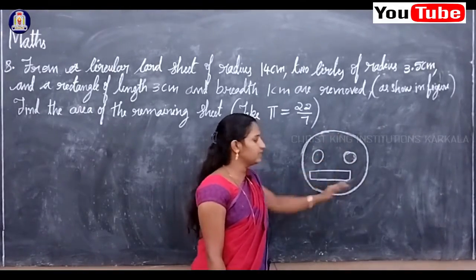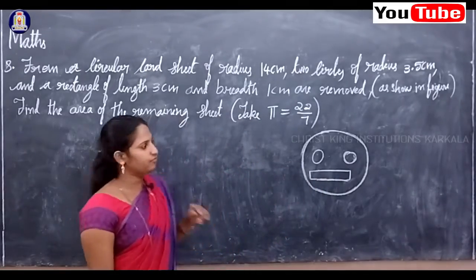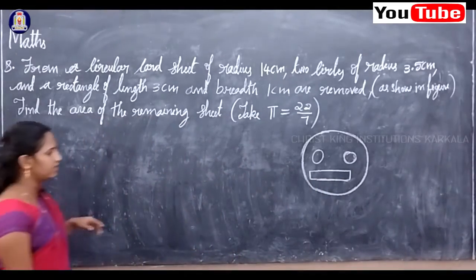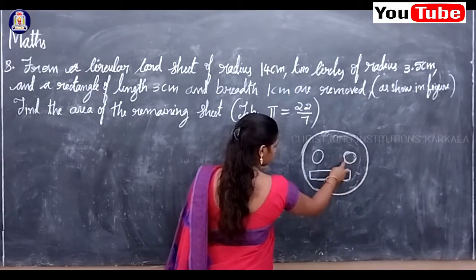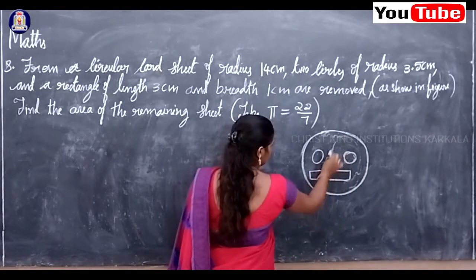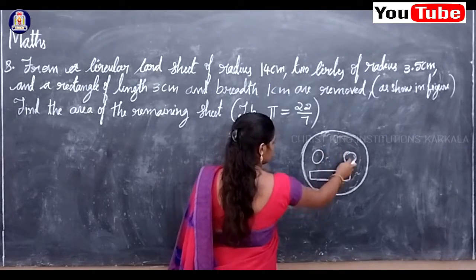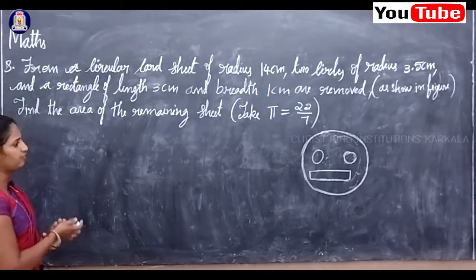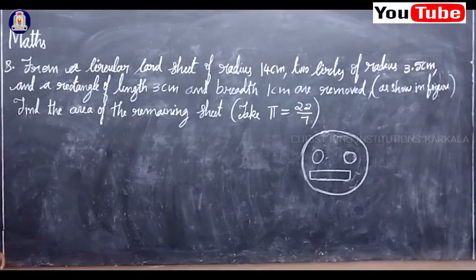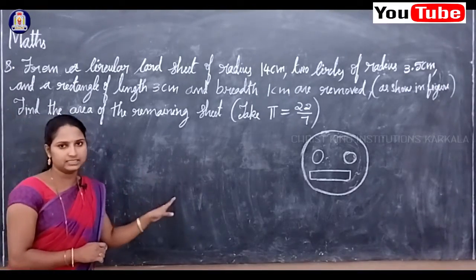So remaining area we have to find out. If you remove the two circles and one rectangle, remaining area we have to find out. So now first we have to find the total area of that larger circle.